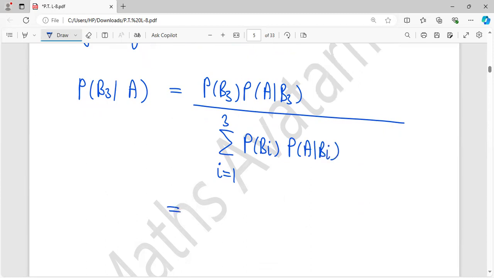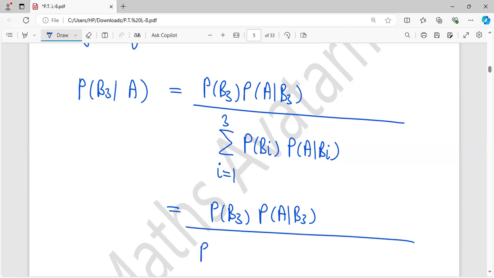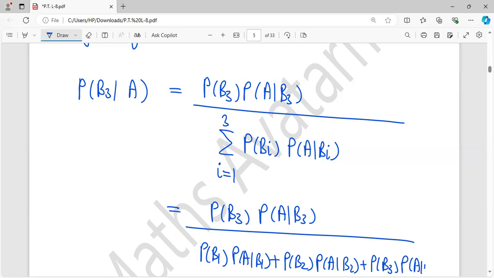Now I can expand this also: P B3 times P A relative to B3, upon P B1 times P A relative to B1, plus P B2 times P A relative to B2, plus P B3 times P A relative to B3.